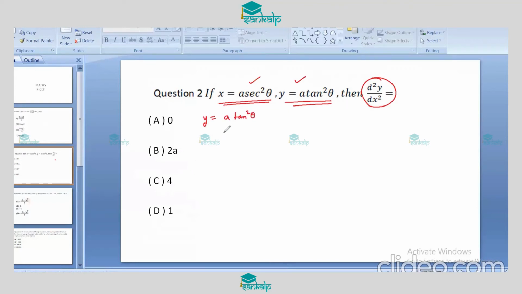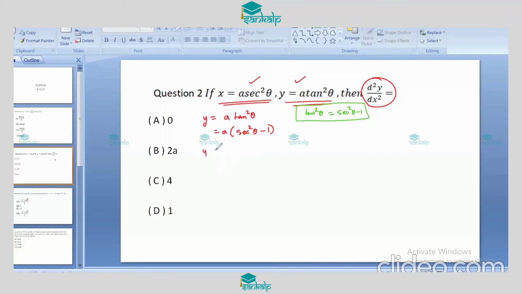But then if I want to combine, I have to write the tan square theta formula, which is secant square theta minus 1. So what's the formula I have used here? I have used tan square theta is secant square theta minus 1. This is the formula which has been used.